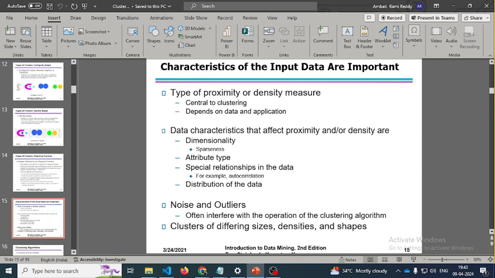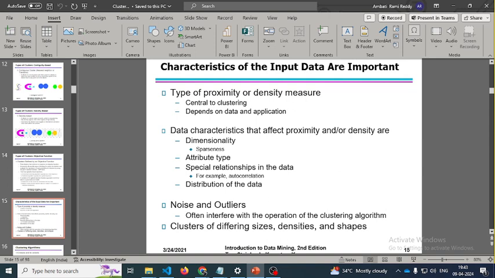You can consider it an outlier. You don't form the center based on that data point, because then your cluster will not be a good cluster. So sometimes you need to remove those outliers.